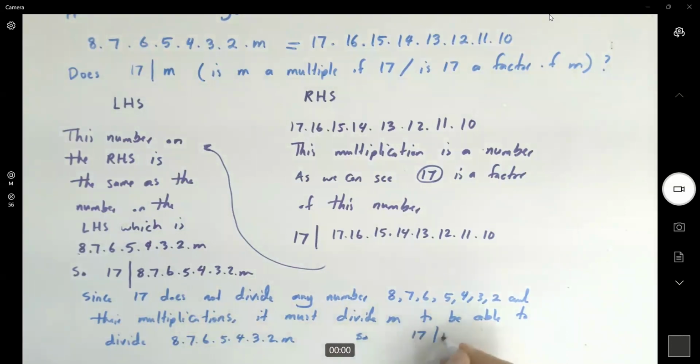So 17 divides m, and we're done with the proof.